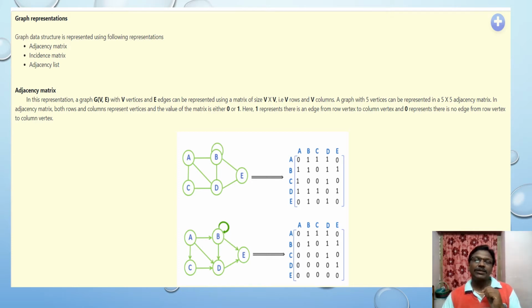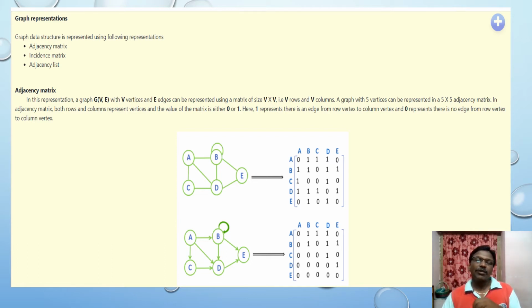D is connected to 4 vertices, that is A, B, C and E. Only D is not connected to itself. So D to D has no self loop, so that is 0, and the remaining are all 1. So move to the E row. E is connected to B and D. So B and D are ones, the remaining are all 0. This is for the undirected graph.